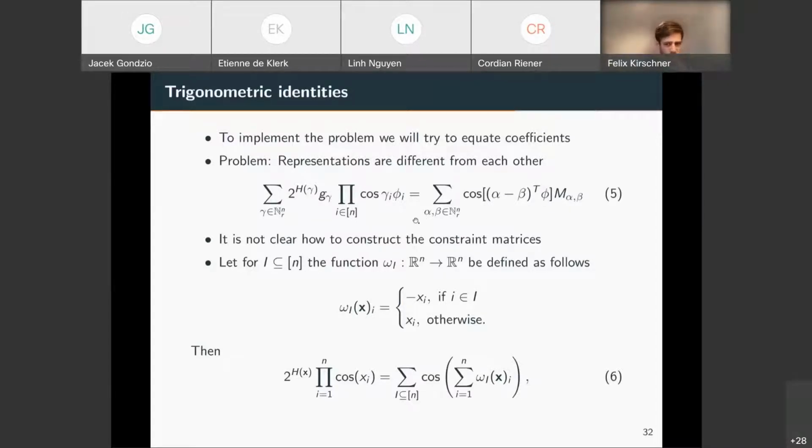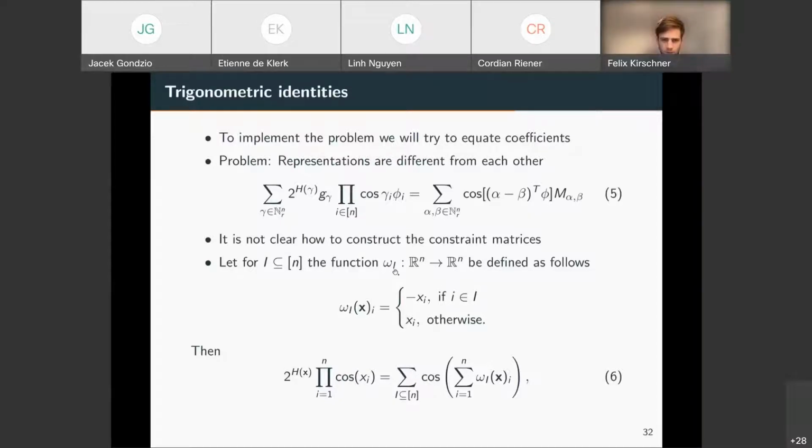Not to worry, because we've found a trigonometric identity which saves us here. Let I be a subset of this set here. The square bracket n was just the set of all the integers 1 up to n.